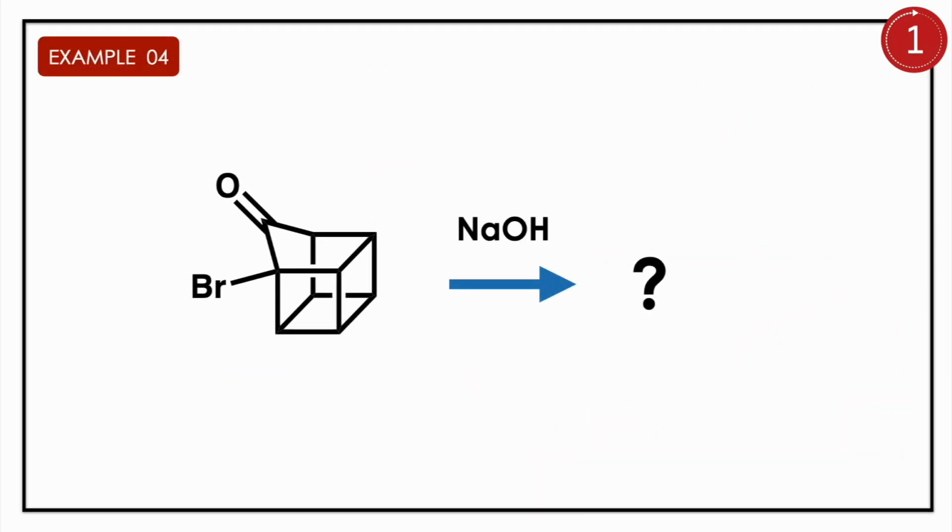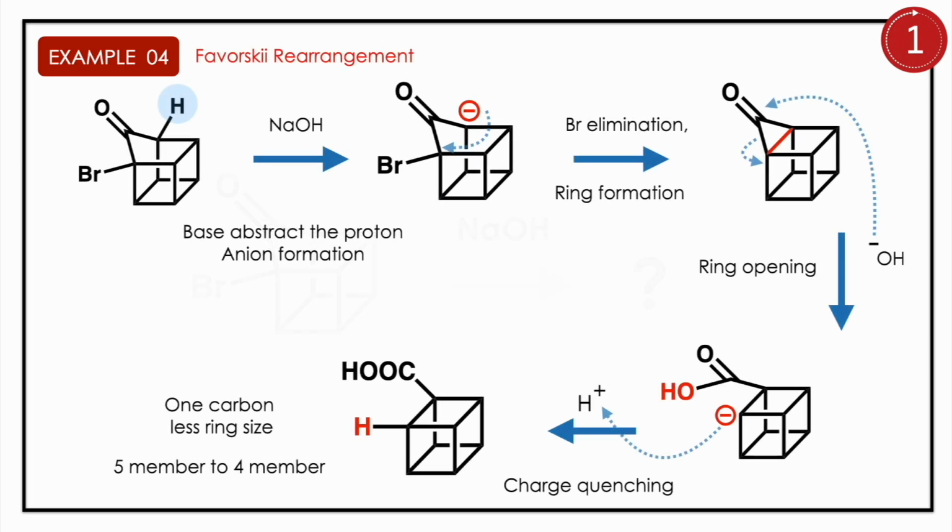Then the next question. Here you have a cubane-like system, with one rigid carbonyl. You have an alpha bromine. You are using sodium hydroxide as the reagent. You should find what will be the final product. The system is big, but we stick with the fundamentals: an alpha haloketone with an alpha hydrogen.